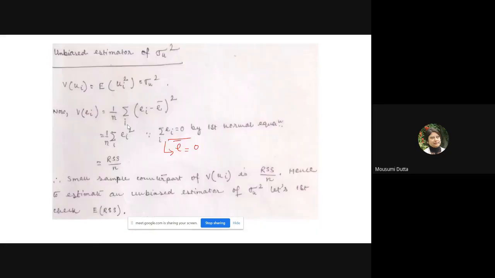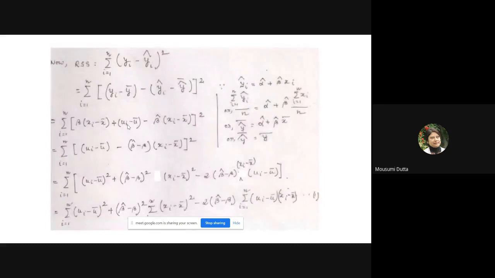So as I mentioned, I have to check expectation of RSS. So RSS I'll redefine, and then I'll take expectation. Please read all small notation as capital notation. When I developed this entire thing, I used the small notation following the similar definition of capital.